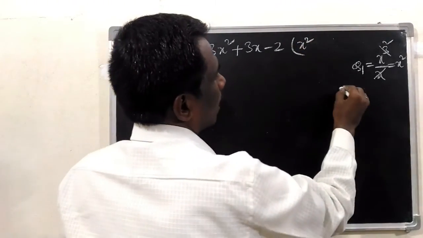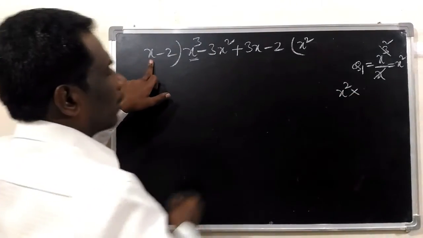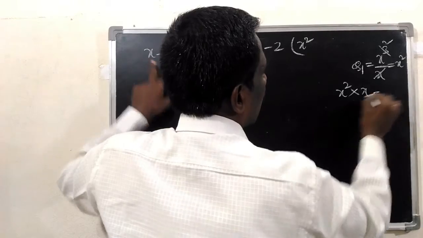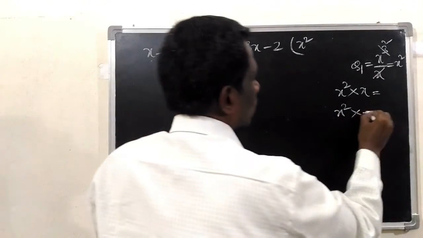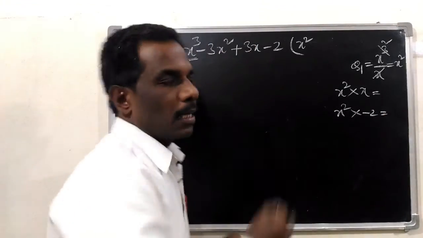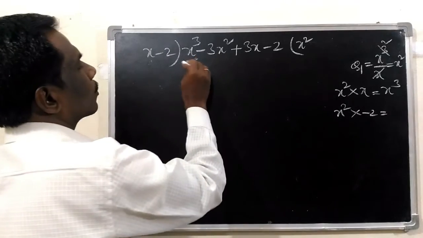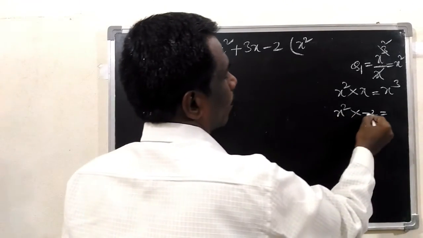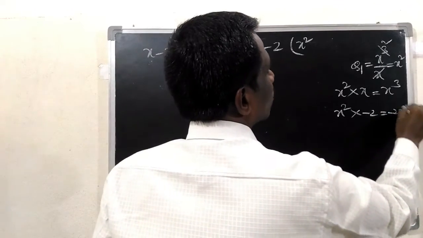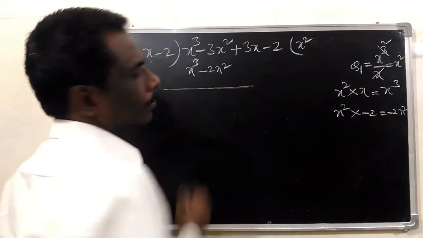The first quotient is x square. The first quotient is multiplied with the first term of the divisor, which is x, and the second term of the divisor, which is minus 2. x square into x is x cube. Write x cube. x square into minus 2 is minus 2x square.